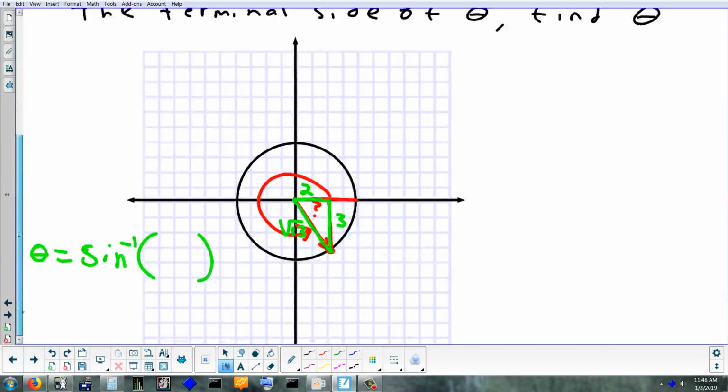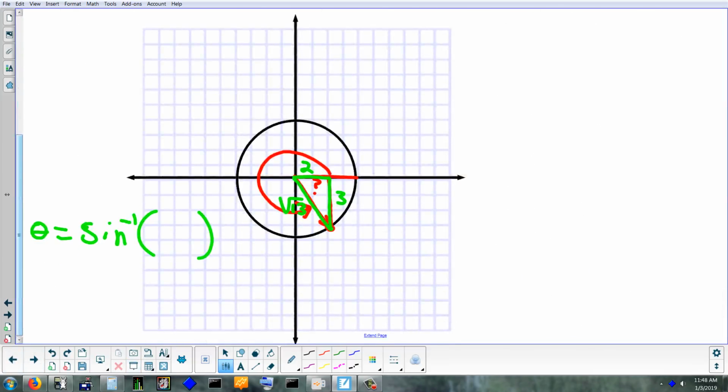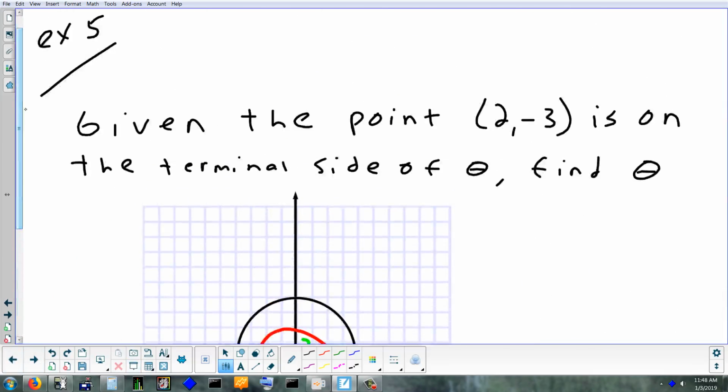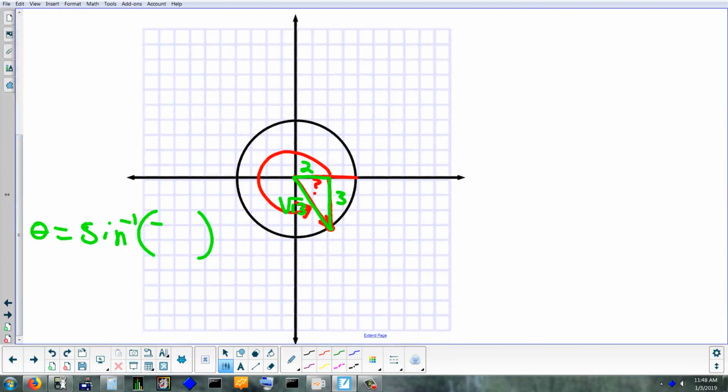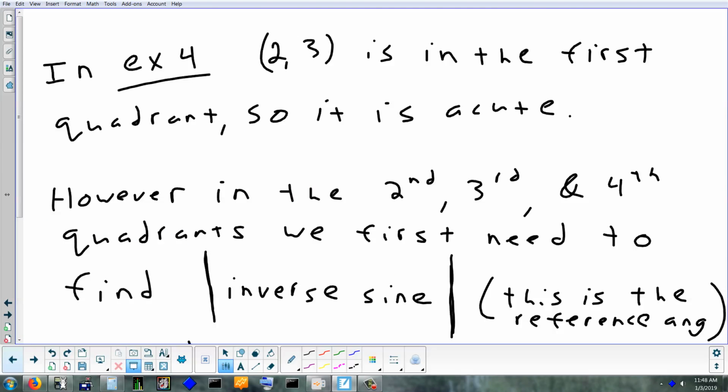All right, so let's look at it. Look at your coordinate. There's y, so it's -3 over, and we had to calculate the r using the Pythagorean theorem. That's the square root of 13. Okay, so do that out, and whatever you get, just make sure you take the absolute value of it, and that's your reference angle.